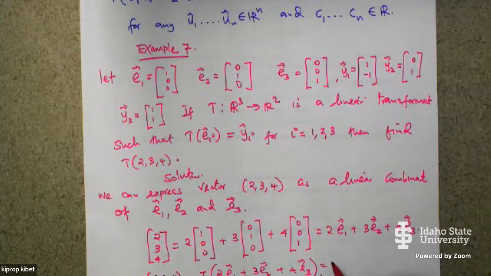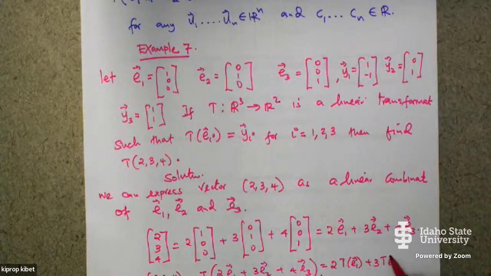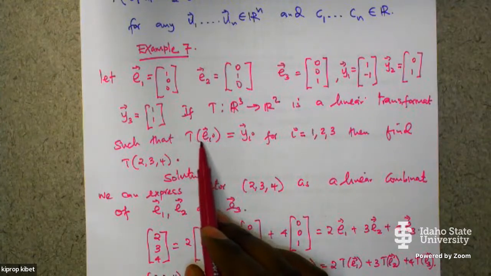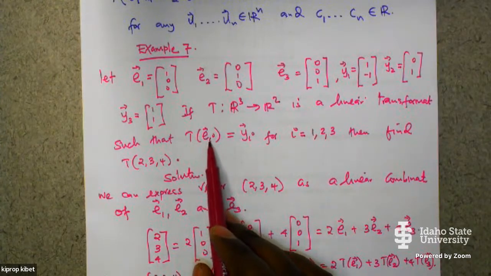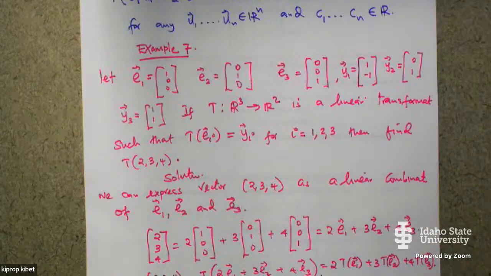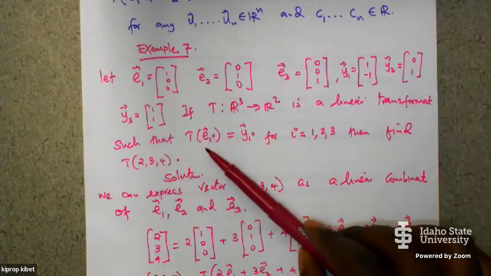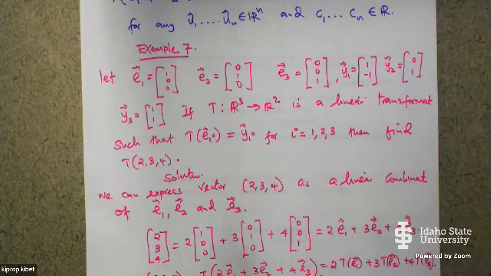It is now equal to 2T(E1) plus 3T(E2) plus 4T(E3). And we have said that T(Ei), for i equals 1, 2, and 3, is equal to Yi.